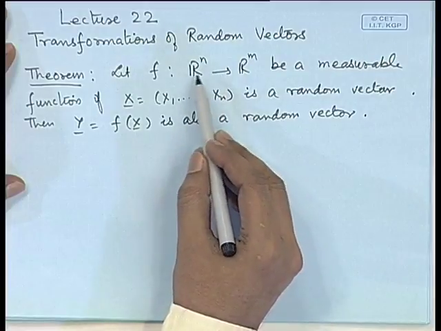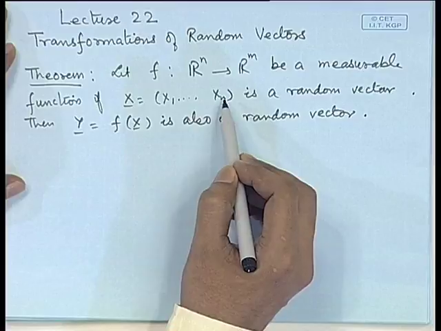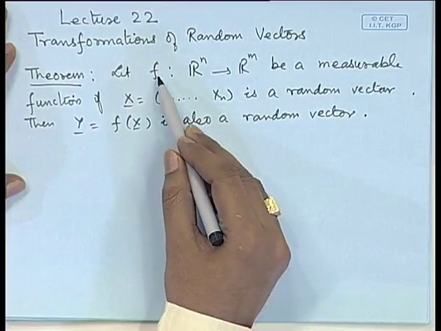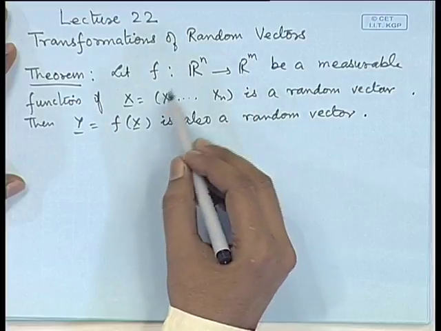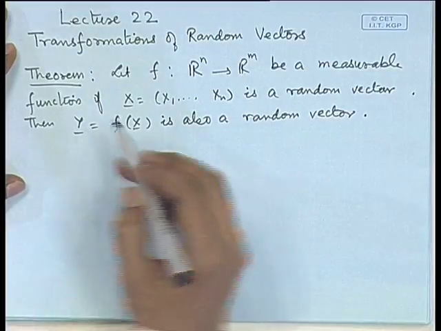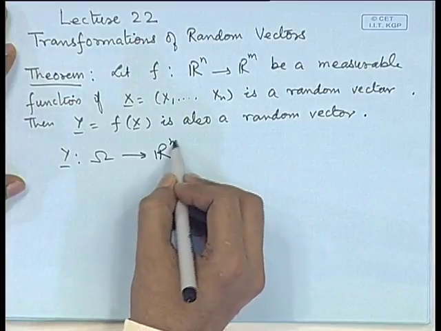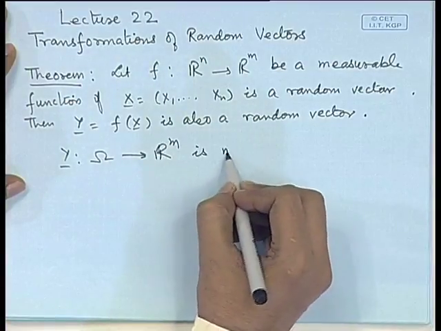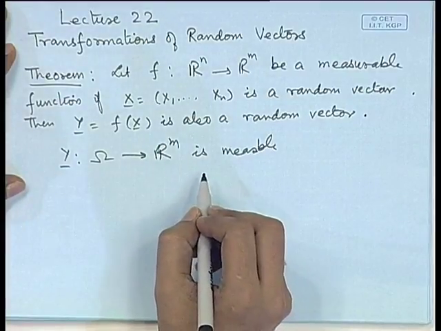This is so because the random variable X is a measurable function from Omega to R^n, and a measurable function of a measurable function is a measurable function. So, Y becomes a measurable function from Omega into R^m. So, this is measurable, and so this is a random vector.